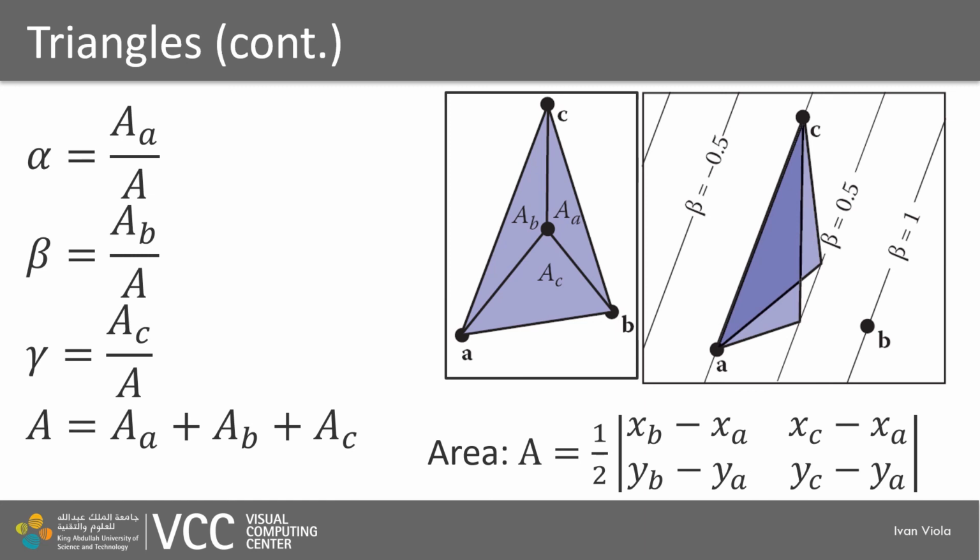Triangles can be also parameterized by barycentric coordinates computed in another way, and namely through areas. So imagine that the area of a triangle which is spanned between, let's say, the area of A. Area of A is this area.